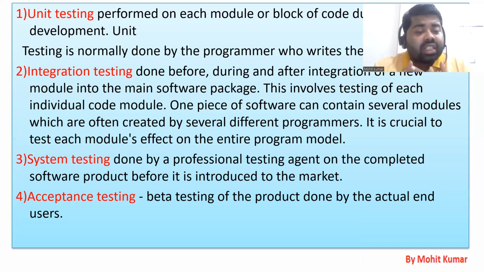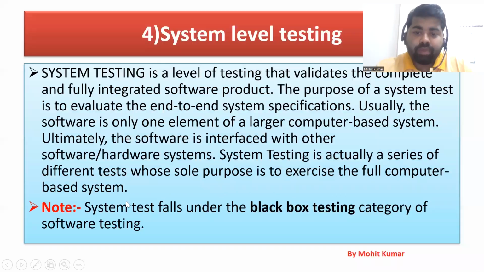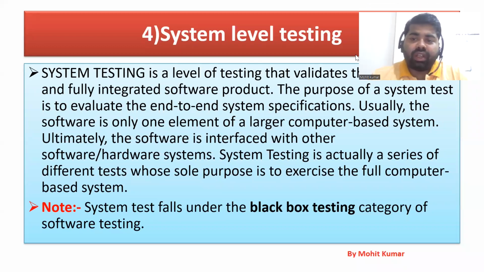Acceptance testing is also called beta testing of the product, done by the actual end users. Here we have to explore system testing. Let me give you one example so you can understand.